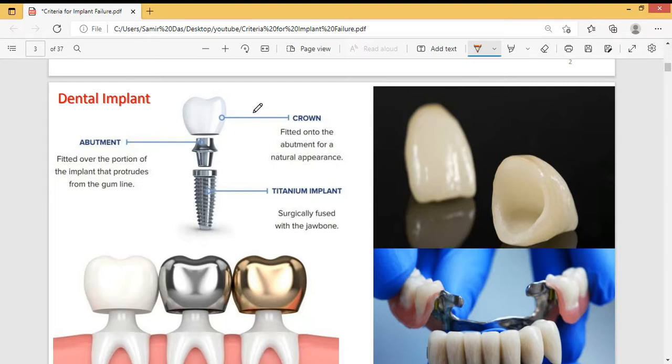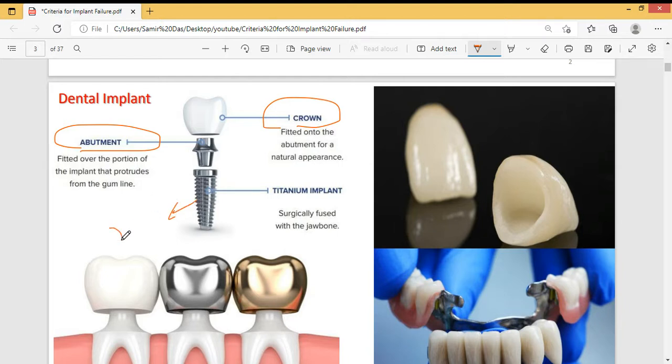So now comes the dental implant. In case of a dental implant, we classify it into three compartments: one is the crown, another is the abutment, and another is the root. The root is basically made of a metal, such as a titanium implant.